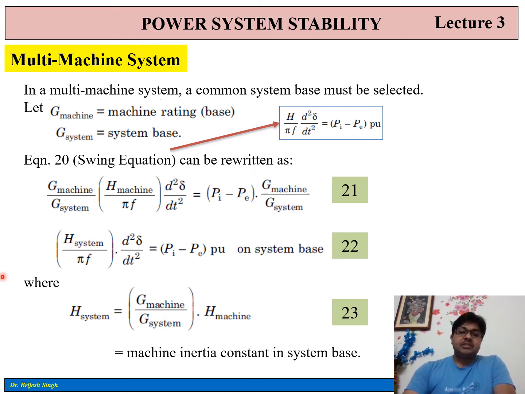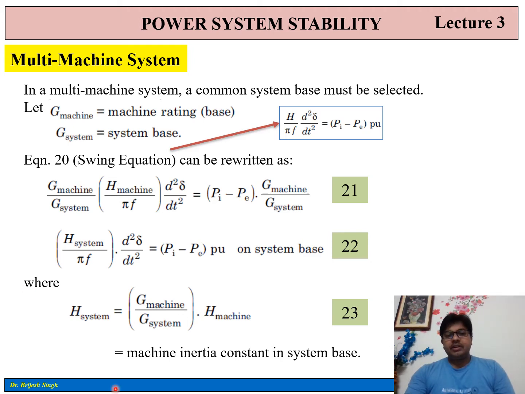Now H system upon pi f times d2 delta upon dt square is equal to Pi minus Pe per unit on system base. So if we consider the system base, we can represent this entire equation 21 in the form of a per unit system, and the per unit equation is represented by equation number 22.